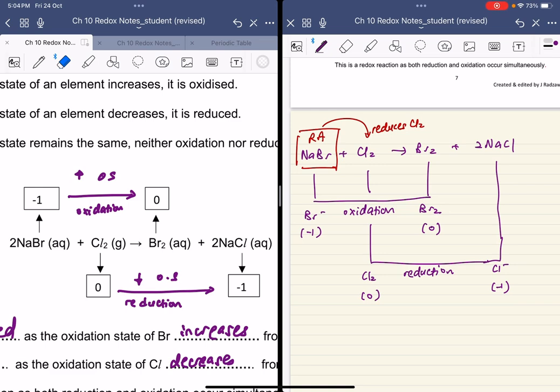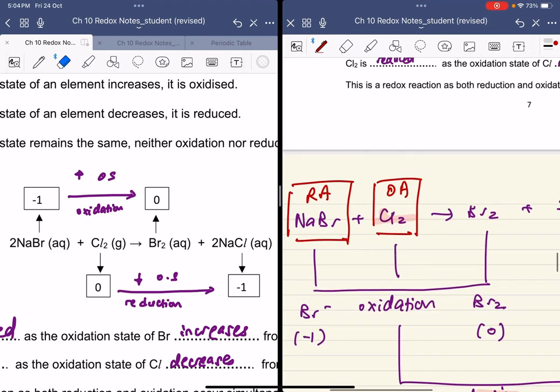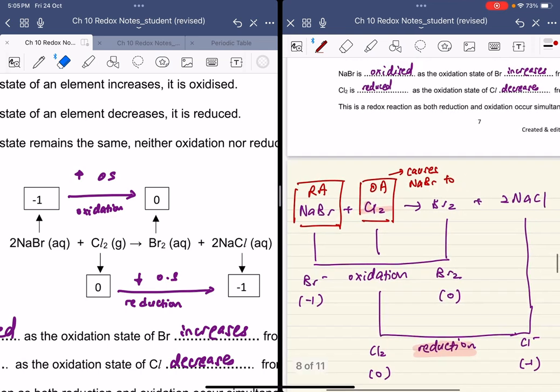If there is a reduction happening here, this one is an oxidizing agent. So this one causes oxidation. This one causes chlorine to be reduced.